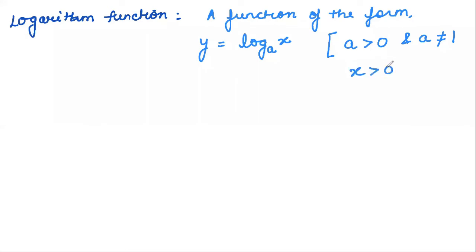Now if you write the same thing in exponent form, the base is going to be a, to the power y will be equal to x, right? The same thing we have written in the exponent form.